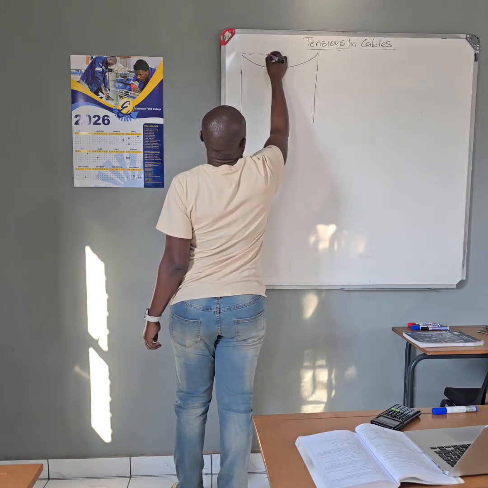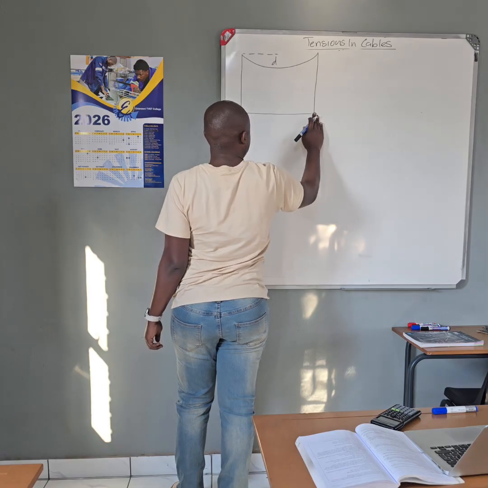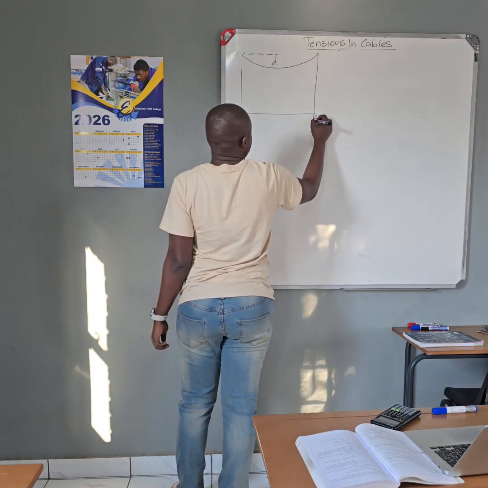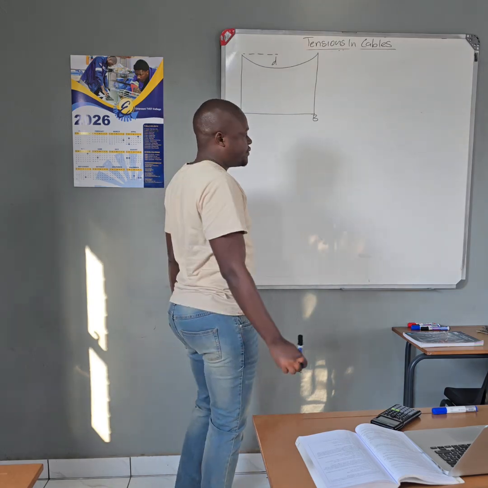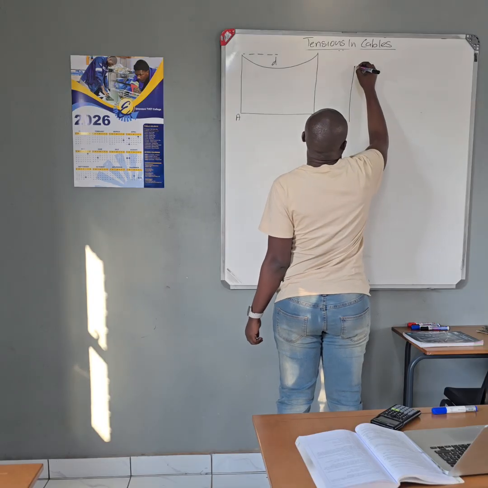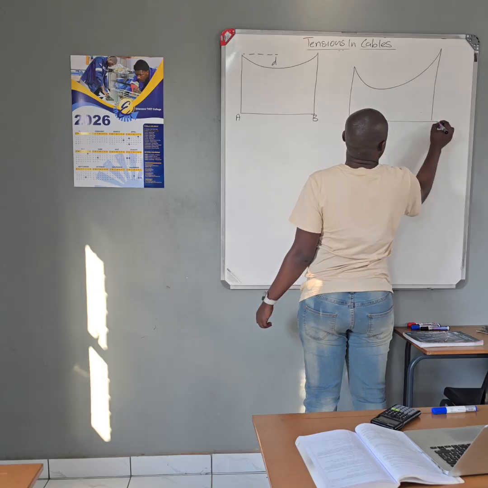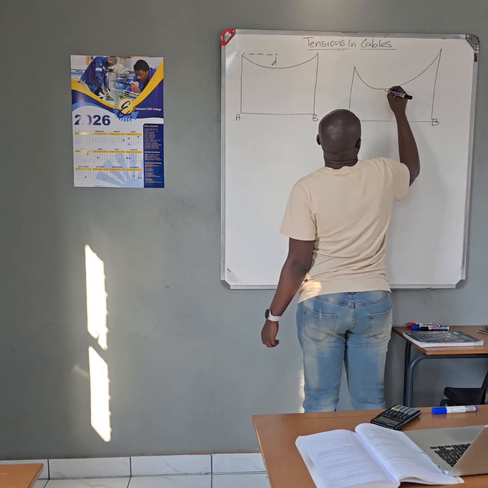These ones, we still have the banana shape, and we still have support A and support B. Now when they are of different heights, we still have OA and OB.